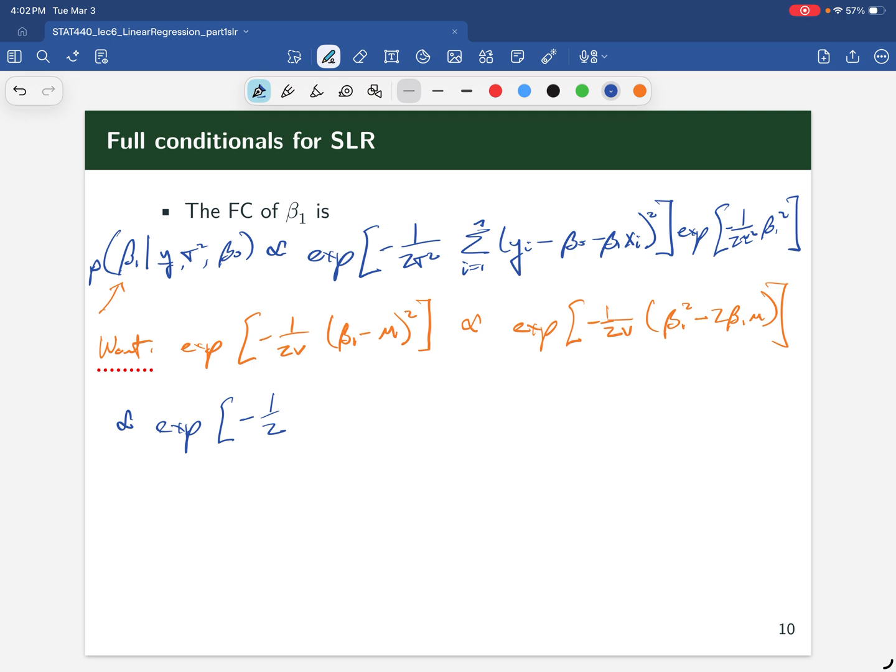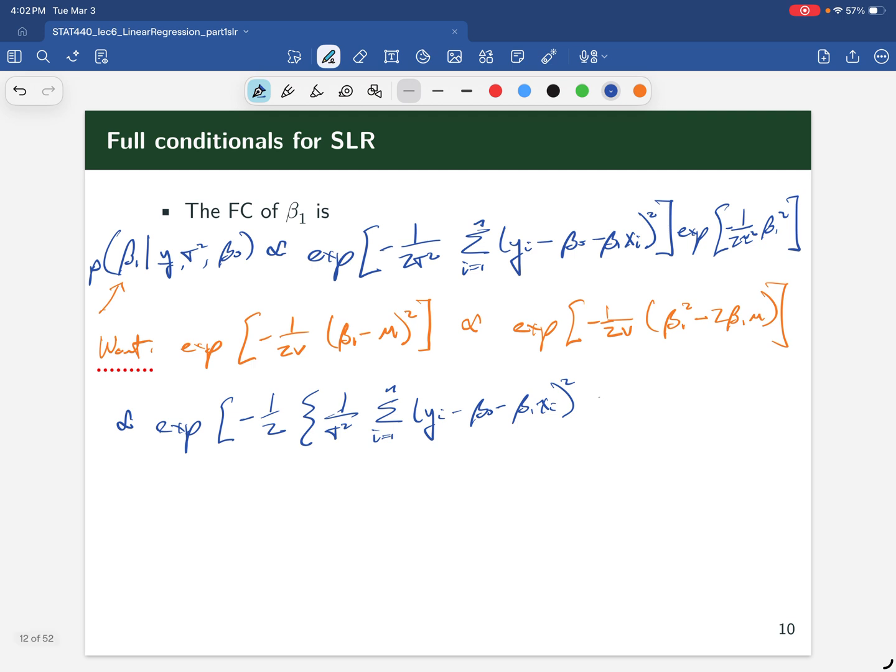And then in my first term, I have a 1 over sigma squared still there. I have this summation from i equals 1 to n of (yi minus beta naught minus beta 1 xi) squared.